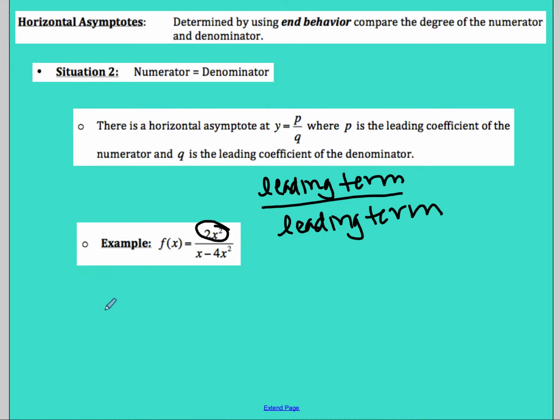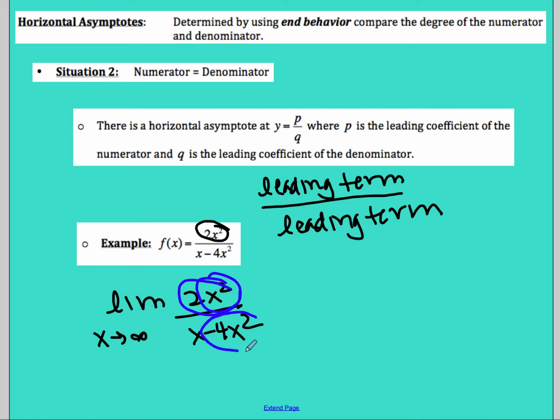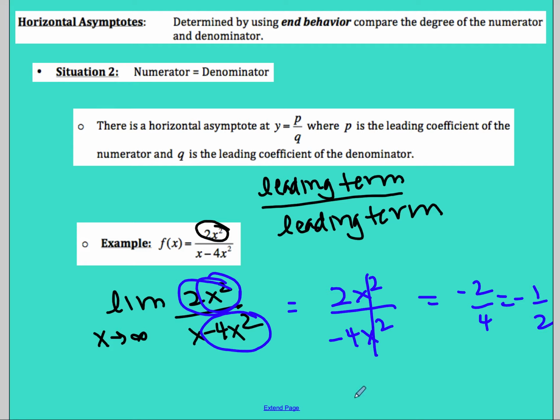So if we had the limit as x approached infinity of 2x squared over x minus 4x squared, we would take 2x squared and negative 4x squared. To find the limit, you take your biggest degree, and then we always simplify. So this would be negative 2 over 4, which is negative 1/2. So that would be our asymptote at y equals that number.